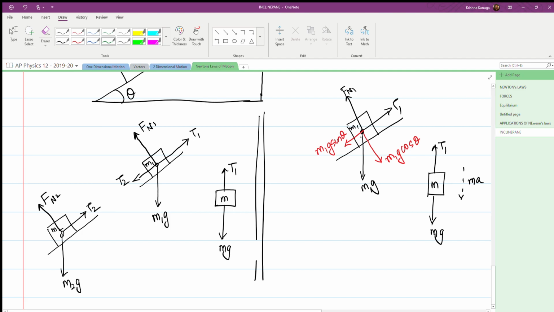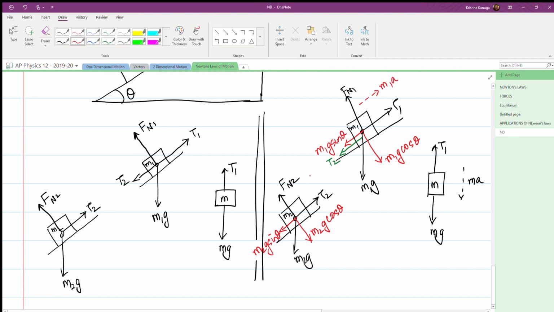Do not forget, we also have T2 pulling it down. Now for the last block, we have M2G down, T2 up, FN2, and once again we break M2G into components: M2G cosine theta and M2G sine theta. Let's also draw the dotted arrows: M1A for M1, and M2A for M2.